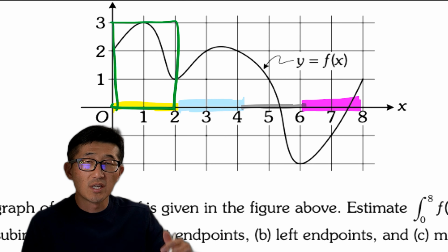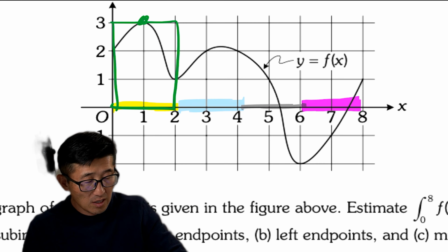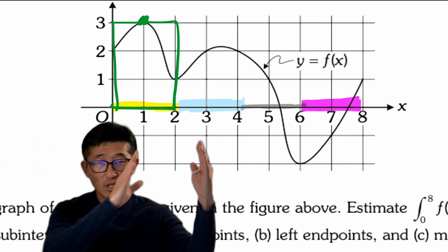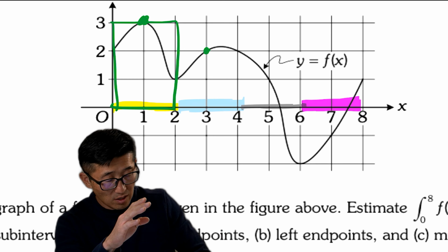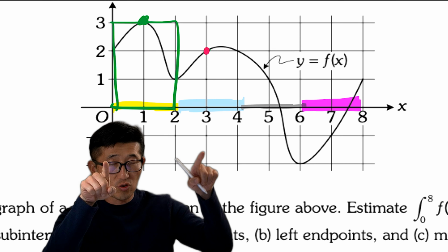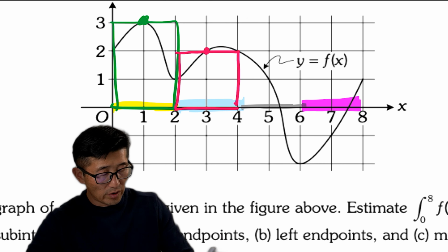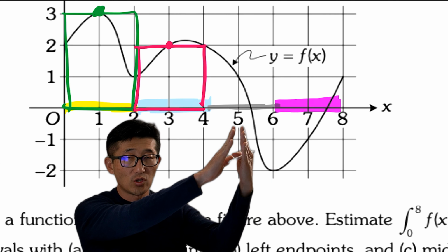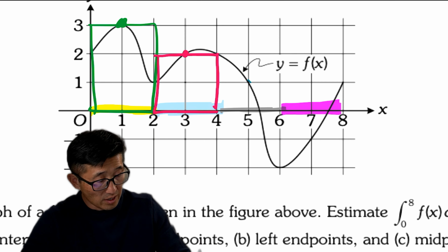But now what you want is neither the left corner nor the right corner. You want the middle touching the graph. Here the middle will be at 3, so it's going to touch the graph right there. And what you do is you just draw straight across and come down and draw your rectangle. So between 4 and 6, where's your center? It's at 5. Where does it touch the graph? Right here. So that is going to look like this.